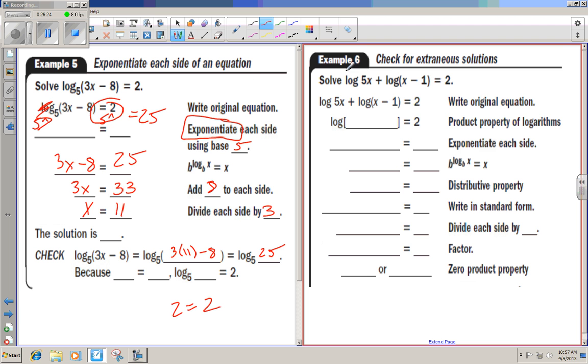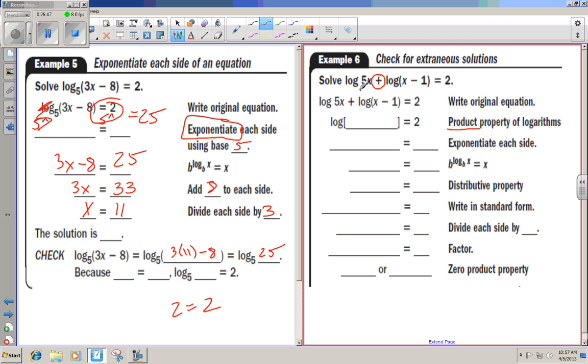Alrighty, look at this. We have to remember some properties of logarithms. You can't just undo both these logs. You can't move it to the other side because then you still wouldn't have the logarithm by itself. But we do know when you add logarithms, it is the product property.